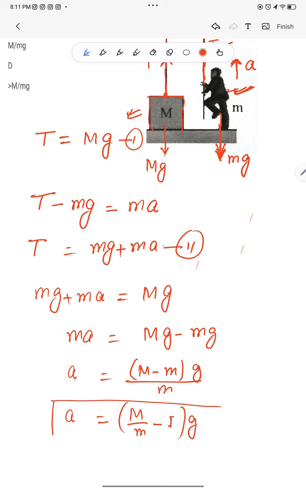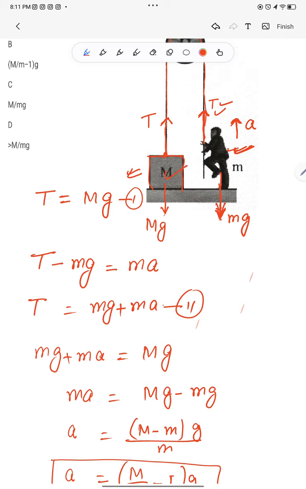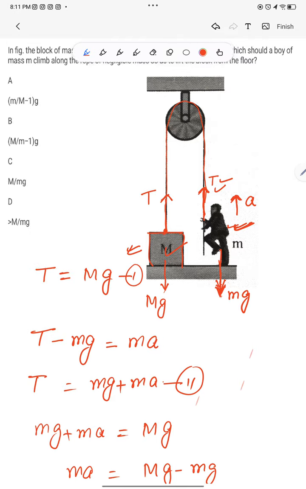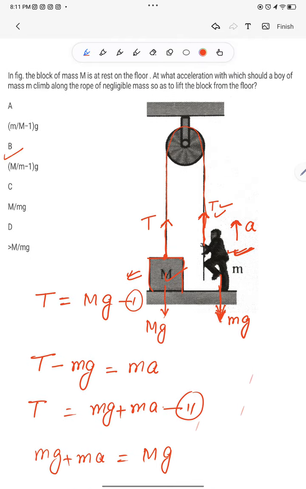This should be the acceleration of that boy so that it can lift this block upward. That means a should be equal to capital M by small m minus 1 into g. So our option B will be correct, that is capital M by small m minus 1 into g.